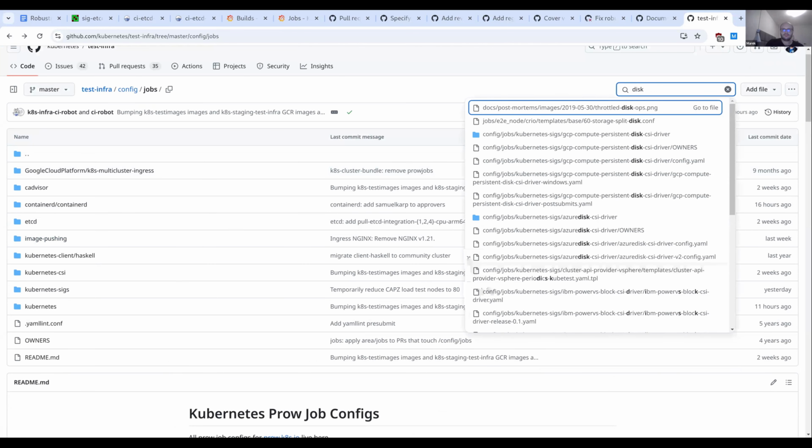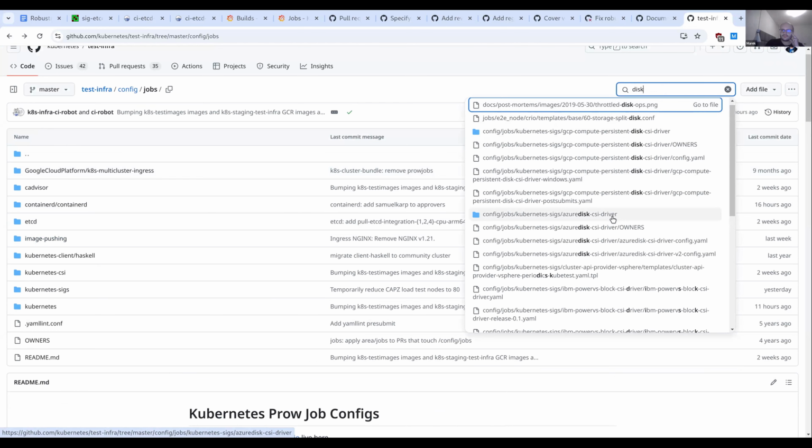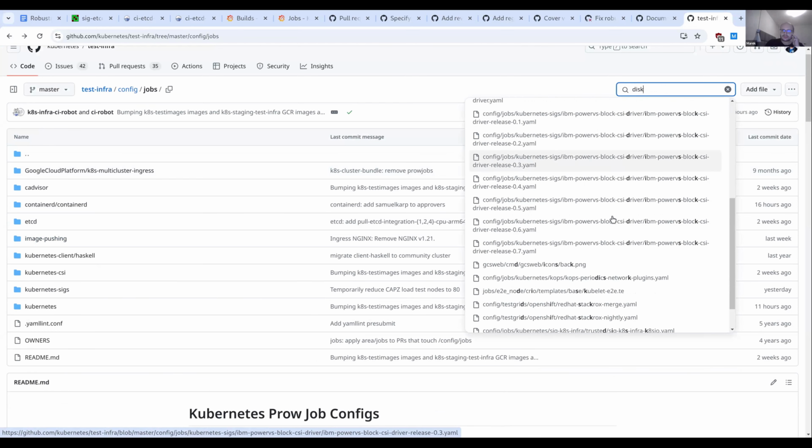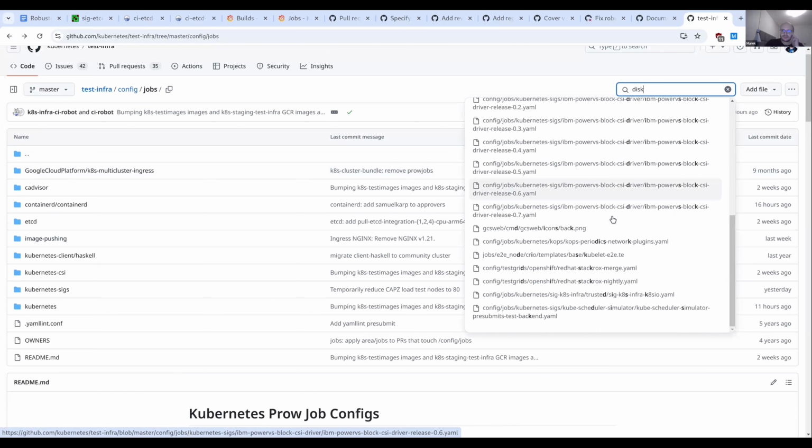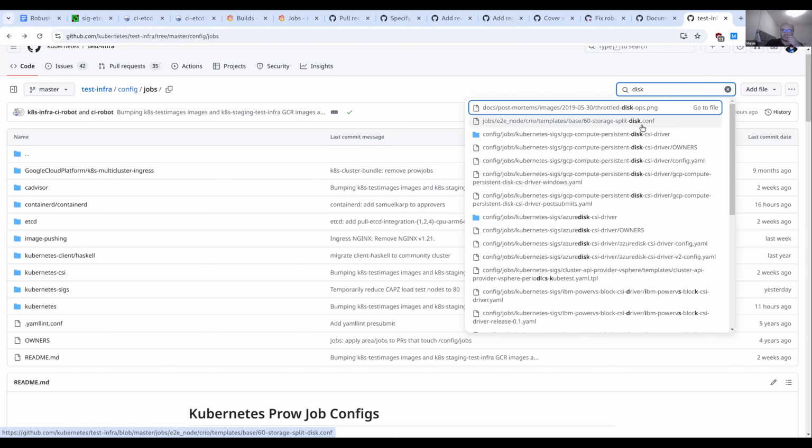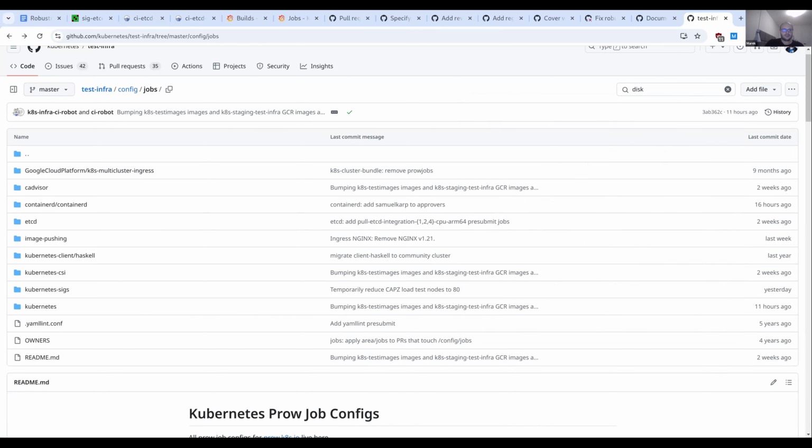I mean, with some CSI driver, but this just looks for file names, which is not very good. I would need to have an open code base.